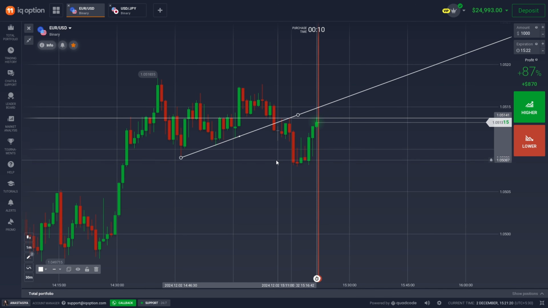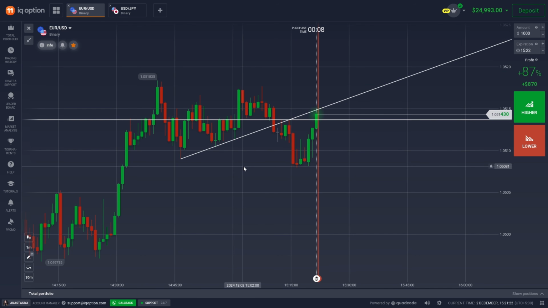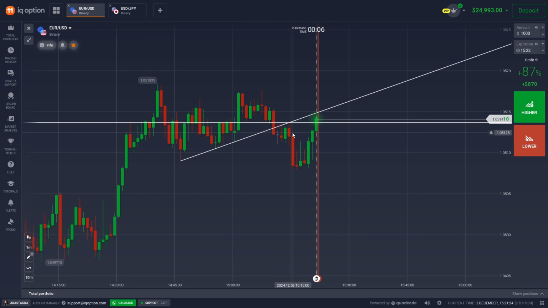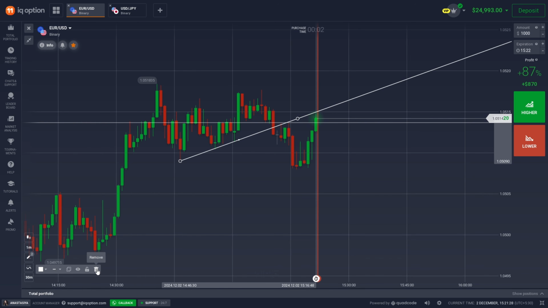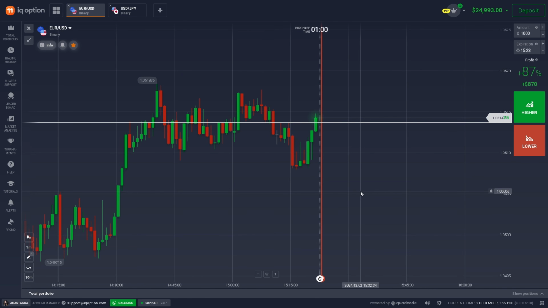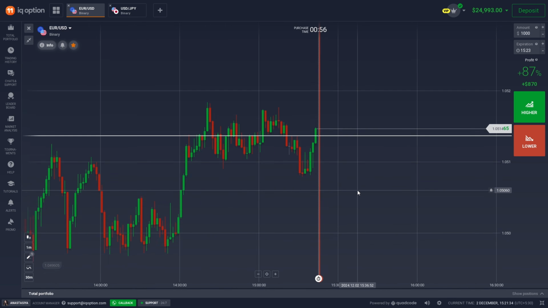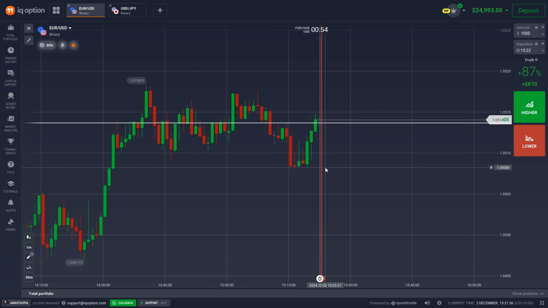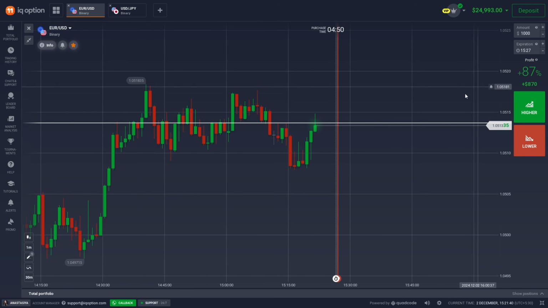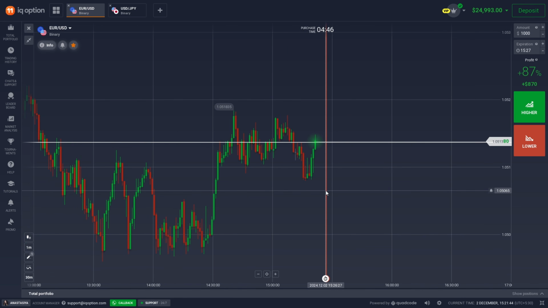Okay, so this resistance is strong as the trend resistance is there and the horizontal level is also there. So I will just remove it and we'll see how this candle will behave, because in the future if I get a confirmation by the sellers, we will enter one more trade, because according to the price action, the market needs to go down.